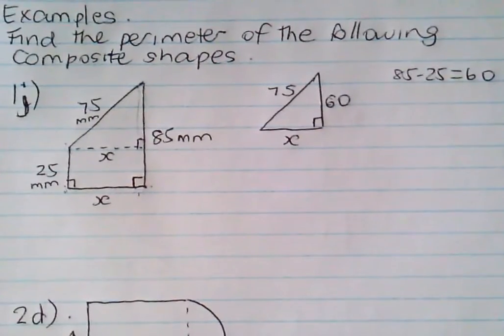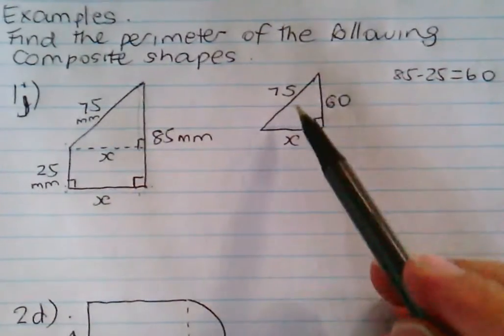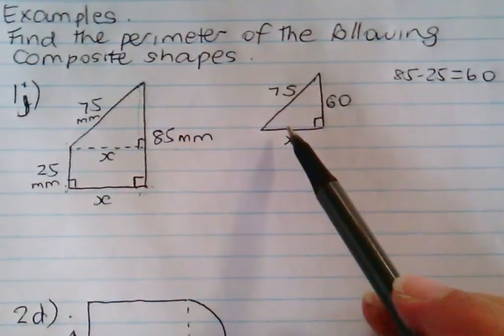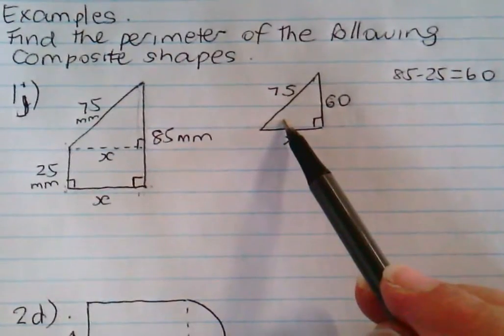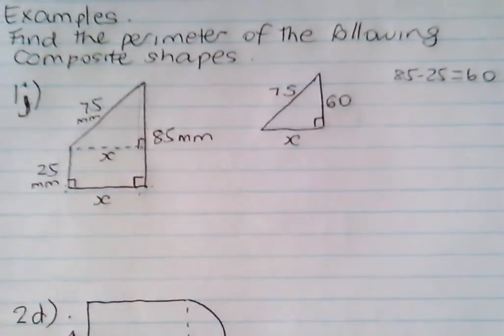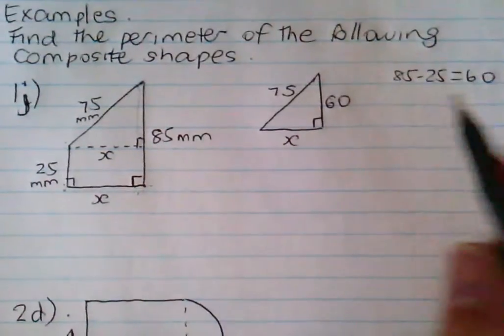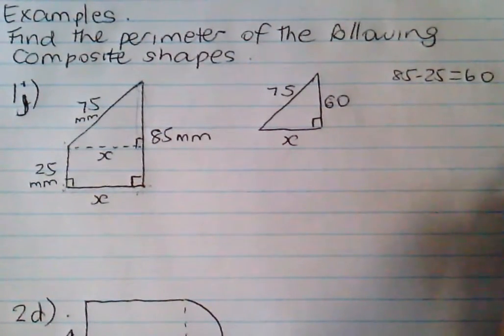One is Pythagoras and the other is to use trigonometry, sine, cos or tan. If I wanted to use trigonometry, it'd be asking me to find an angle. But if you've got two side lengths and you just want to find the third side length, we use Pythagoras' theorem. Okay? Do we remember what Pythagoras' theorem is?